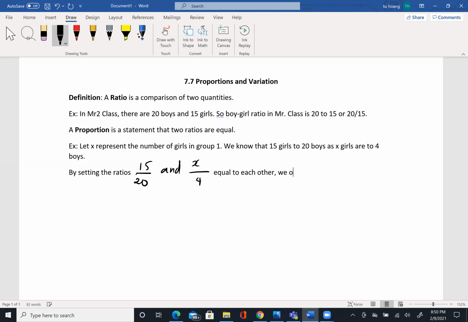We obtain the proportion: 15 over 20 equal to x over 4. So this is a proportion.